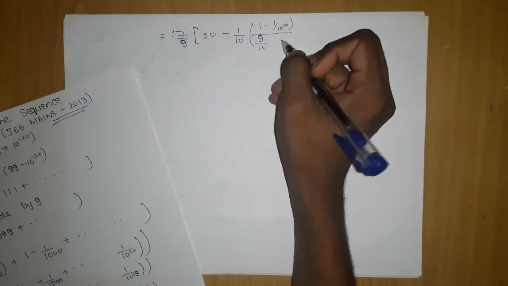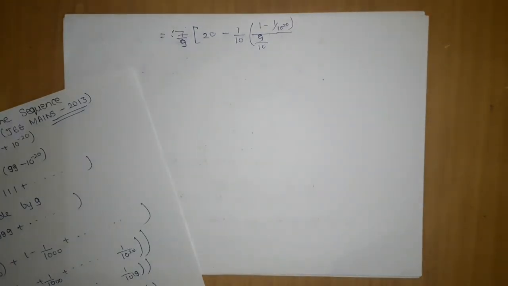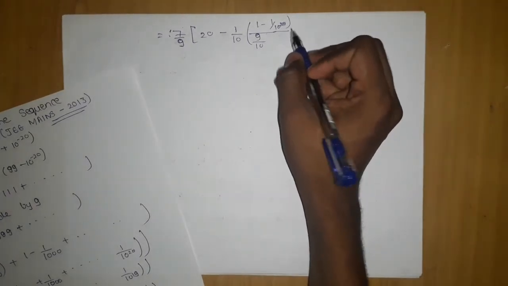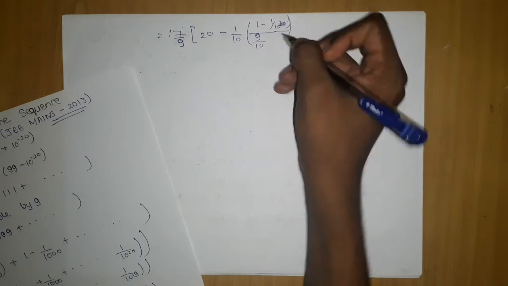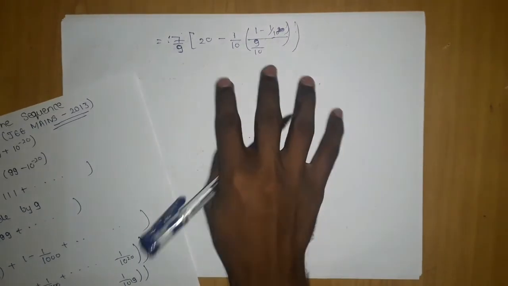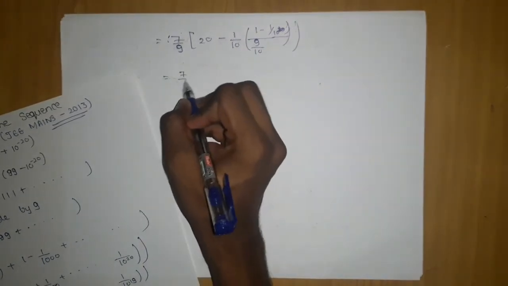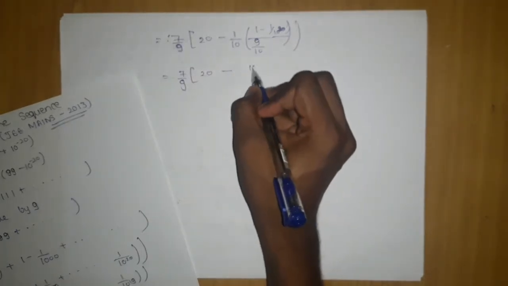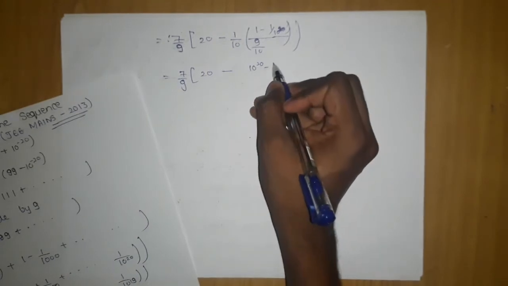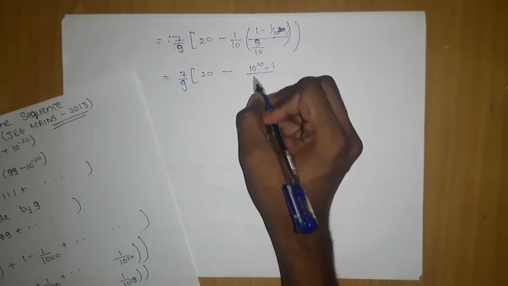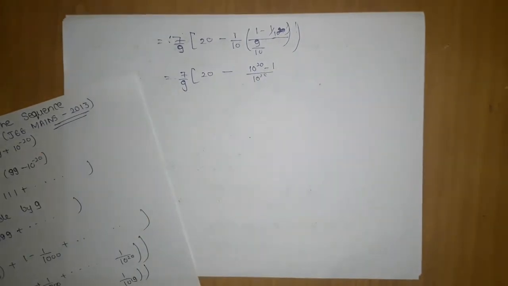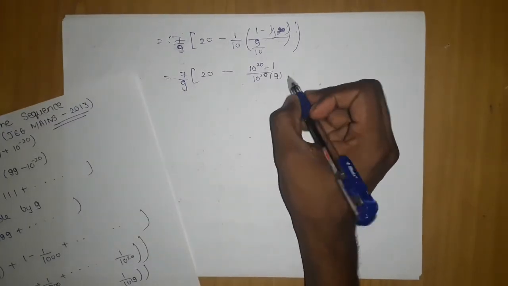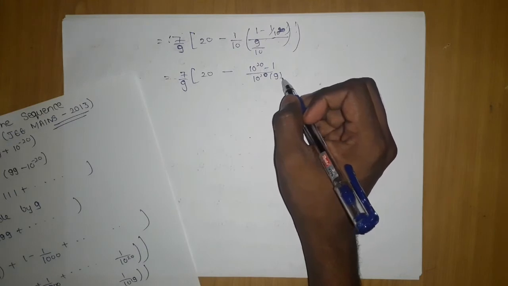After this, there are 10 power 20 terms, and 7 by 9 20, this will simplify, giving me 10 power 20 minus 1 upon 10 power 20 into 9.